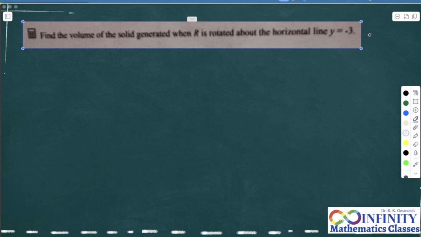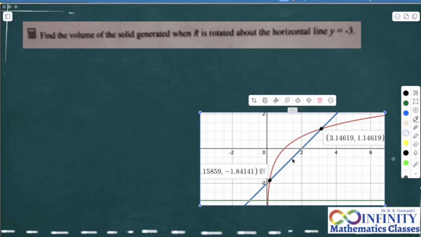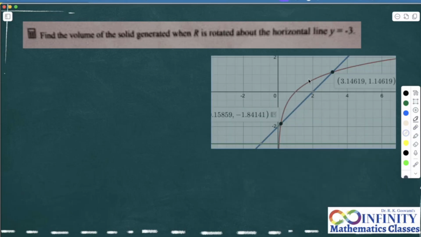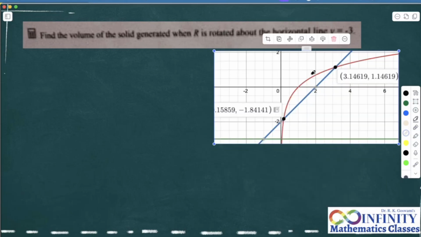So look at the figure, please. This is the line. You can see this line is going to be your y equals minus 3. You need to rotate this area about this line horizontally and try to generate the figure.